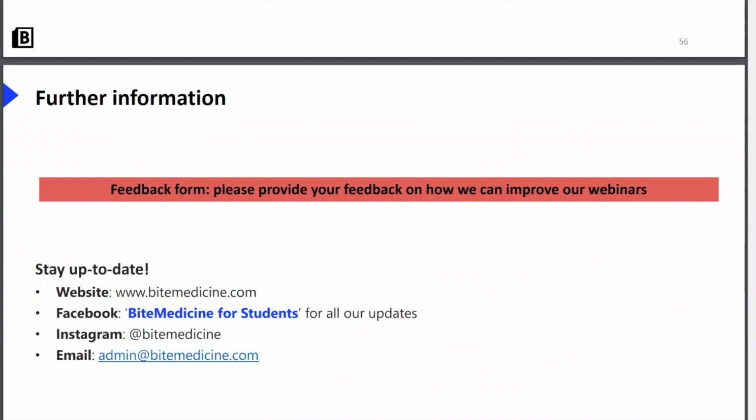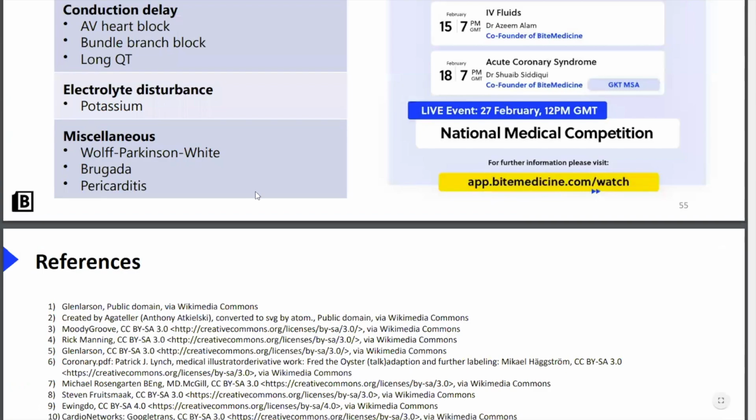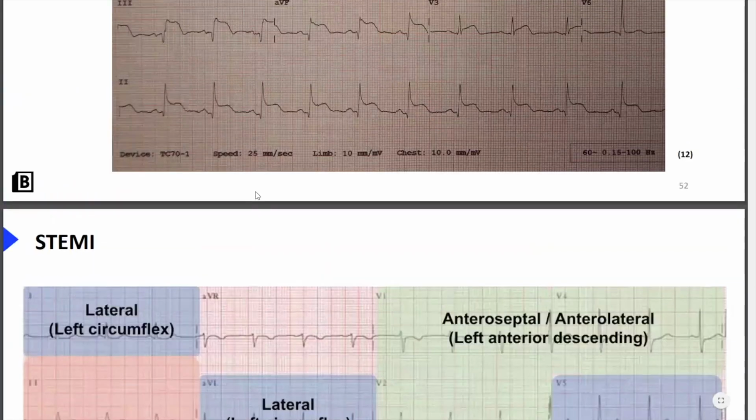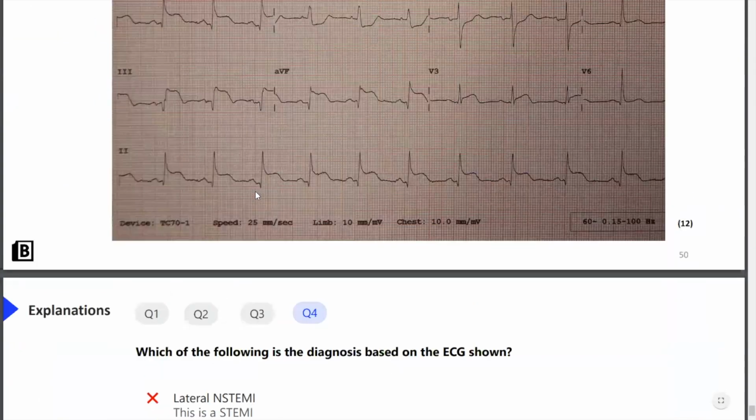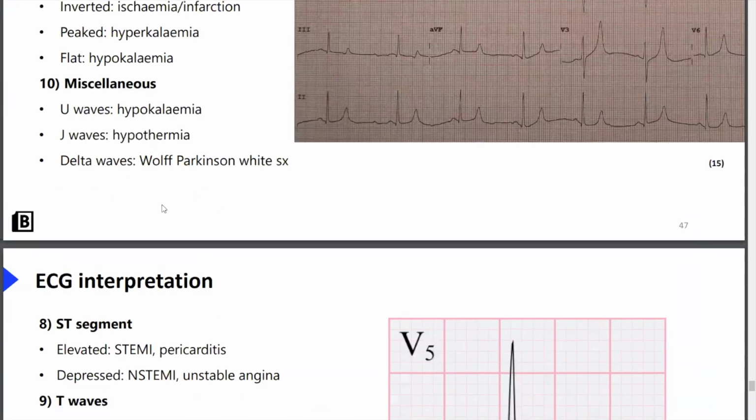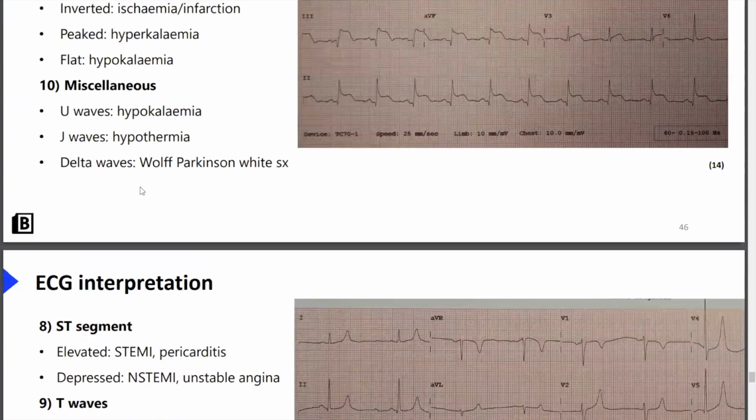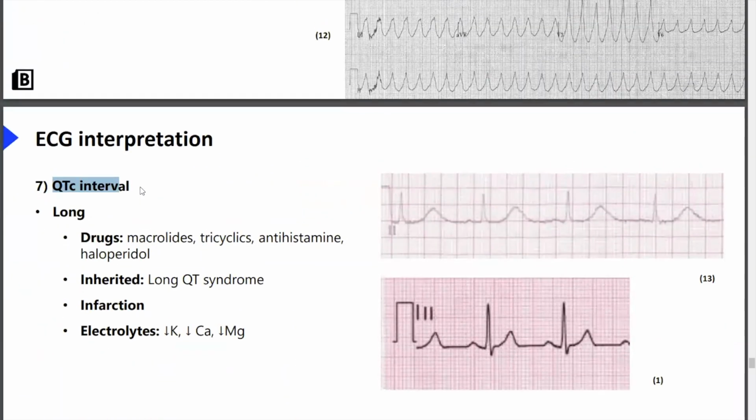Could you explain the corrected QT? So the problem is your QT is going to vary based on your heart rate, right? Because obviously the faster your heart's beating, that's going to impact your QT. So what the QTC, the corrected QT interval, is, it corrects the QT interval and standardizes it for a heart rate of 60.